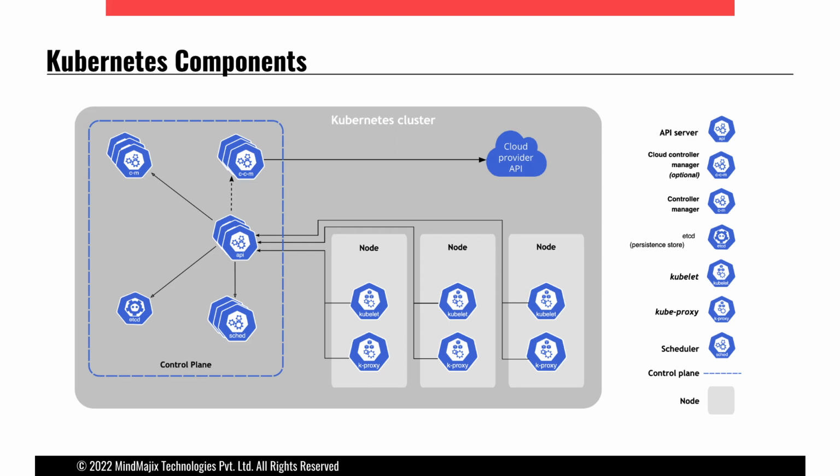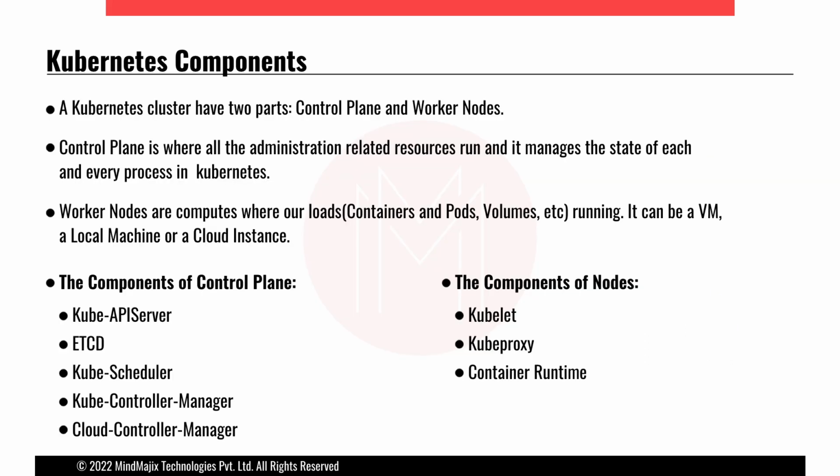Now come to the two parts. Both of them have different components. If we talk about the components of Kubernetes, there is the control plane, where all administration related resources run, and it manages the state of each and every process in Kubernetes. It means that whatever is going out or coming into Kubernetes will be managed and monitored by the control plane.